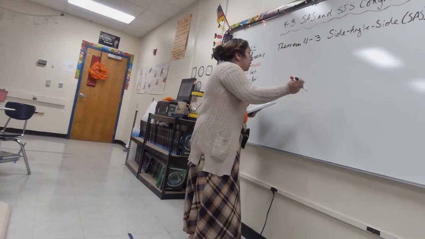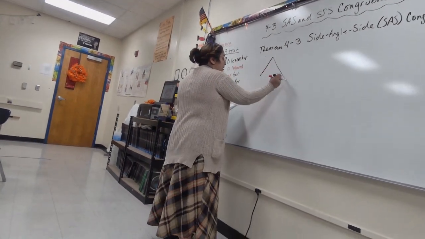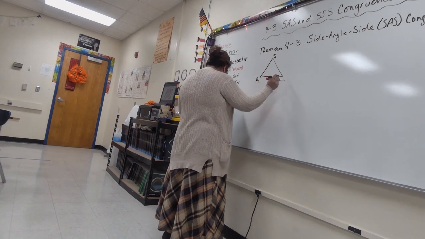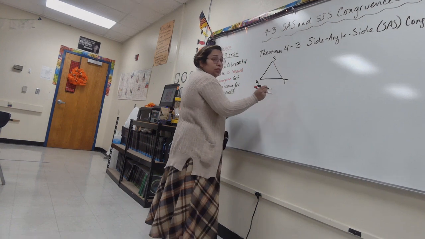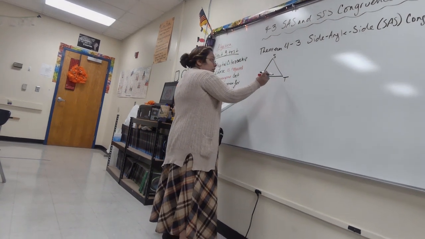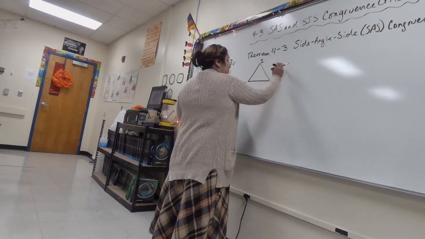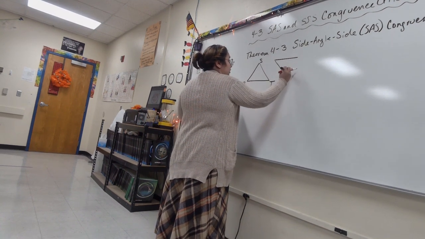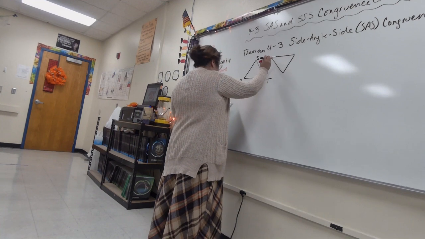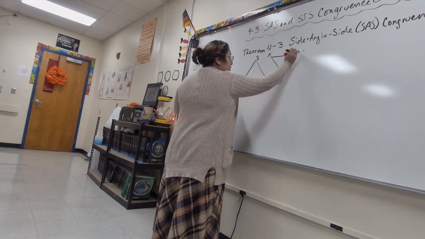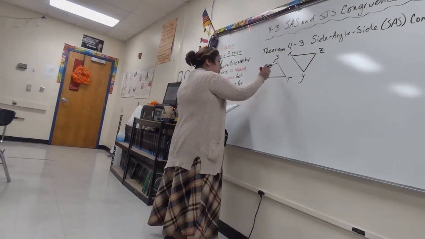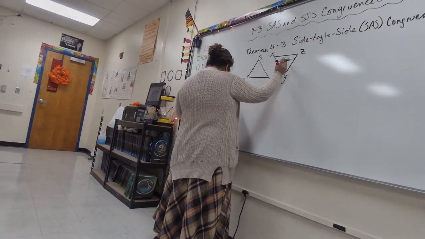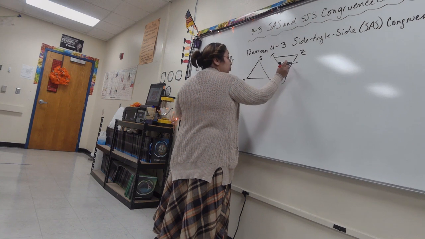You have this triangle here, like this, R, S, and T. And then you have, let's try to get it close as I can. And see, this one is congruent to this one. I drew it more like this.